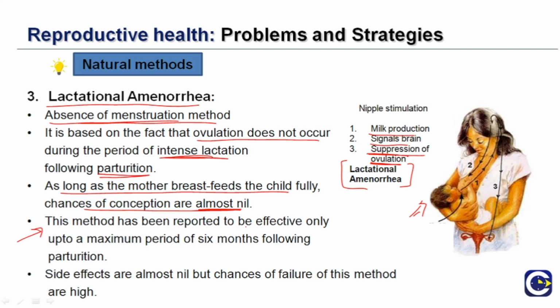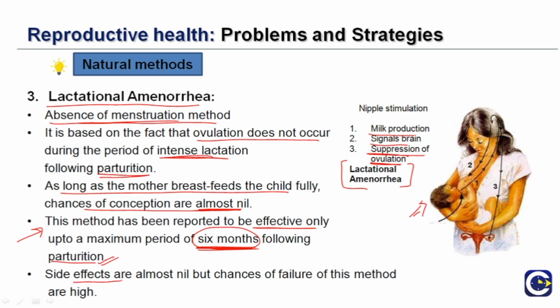This method has been reported to be effective only up to a maximum period of 6 months following parturition, and after that the couple must adopt other methods of contraception.